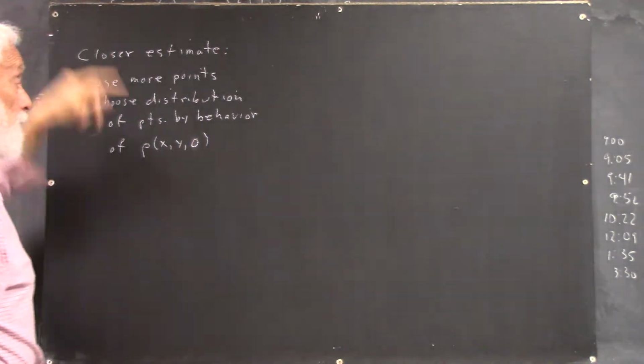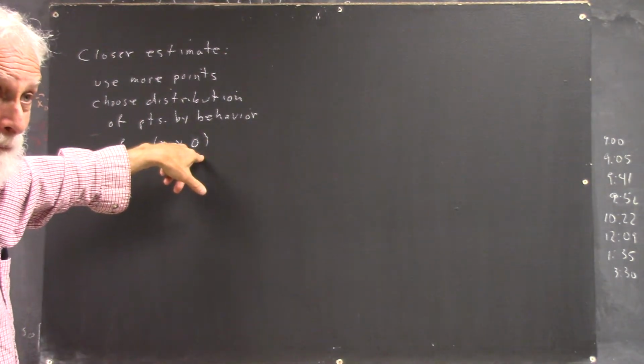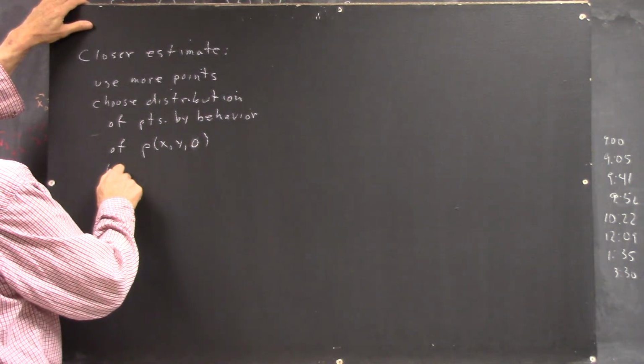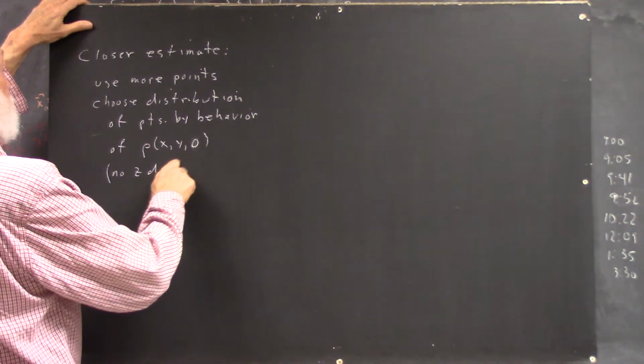Actually x, y, 0, or x, y, any z, right? There's no z dependence.